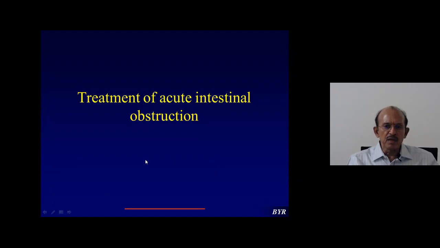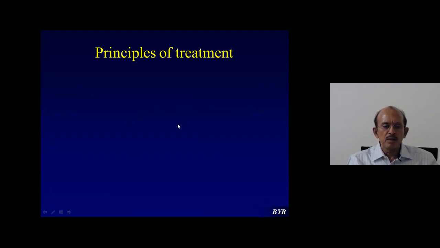The treatment of acute intestinal obstruction. Principles of treatment. Any acute patient, treatment means, first of all, you must resuscitate the patient. Why do you want to resuscitate the patient? You must make the patient safe for your surgery. If you operate upon a patient who is hemodynamically unstable, who is having septicemia, what will happen?